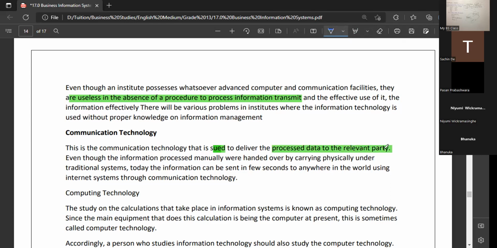So even though information processed manually was handed over by carrying physically under the traditional system, today the information can be sent in a few seconds, right? Once we're done with this session, today's recording could be sent within a few seconds, or it could be live streamed. A note could be shared within seconds. You don't have to wait till the next class or till we meet up, right? So that sort of thing is there. So that's why it's really important.